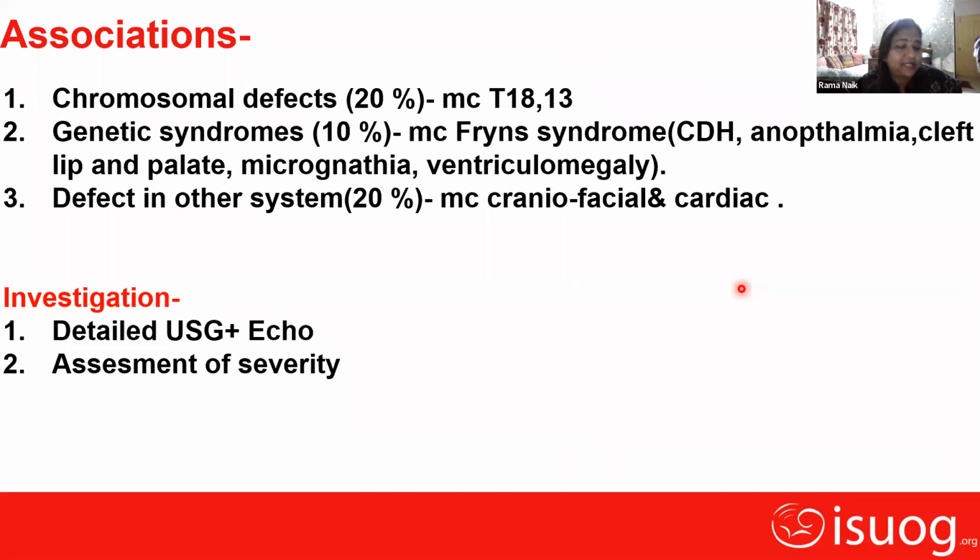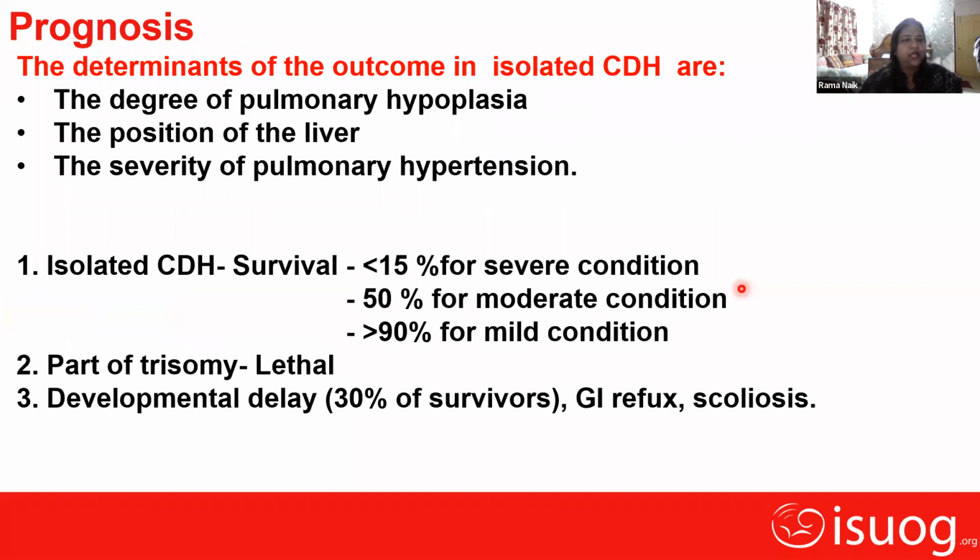So this anomaly, this congenital diaphragmatic hernia, can be associated with different chromosomal defects, genetic syndromes, and other system anomalies. So you need to refer the patient for a higher detailed ultrasound and echo and assessment of the severity. And the prognostic factors are degree of pulmonary hypoplasia, position of liver, and severity of pulmonary hypoplasia.